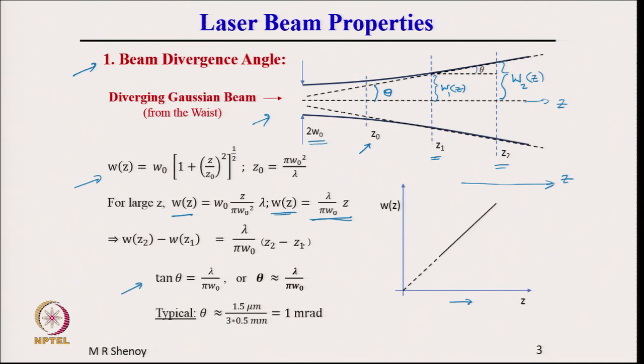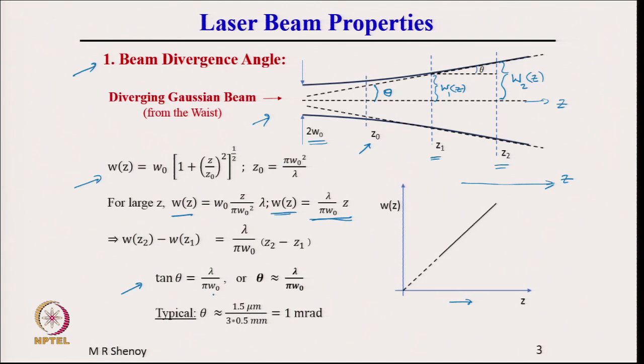So, tan theta is equal to lambda by pi W0. Tan theta is W of Z2 minus W of Z1 divided by Z2 minus Z1. For small theta, as we see, the numerator is lambda, which is of the order of 1 micron, and W0 here is hundreds of micron.